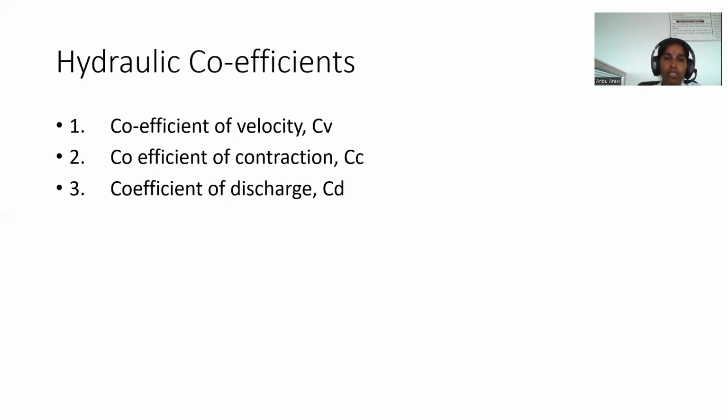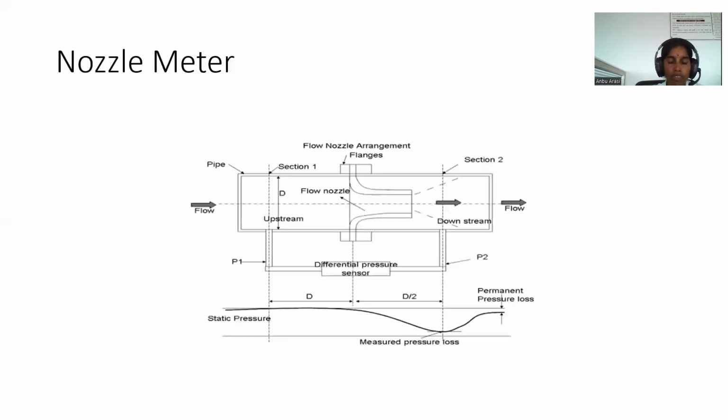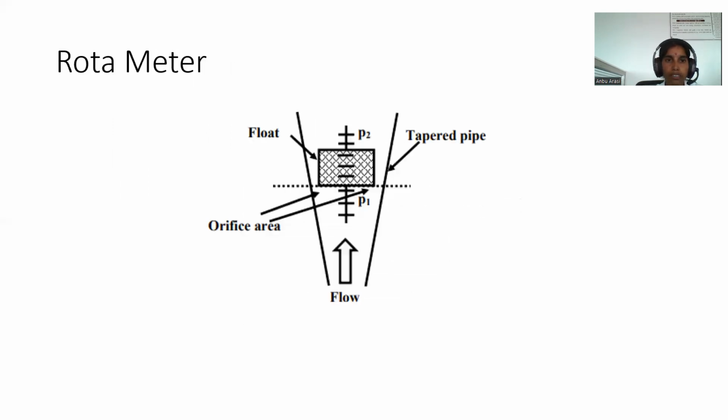And coefficient of discharge Cd is equal to actual discharge divided by theoretical discharge. The relationship between the hydraulic coefficients is: coefficient of discharge is equal to coefficient of velocity times coefficient of contraction. Next, nozzle meter.